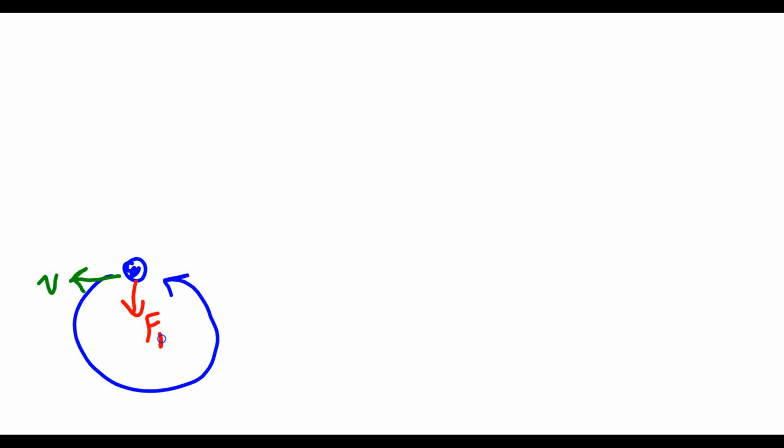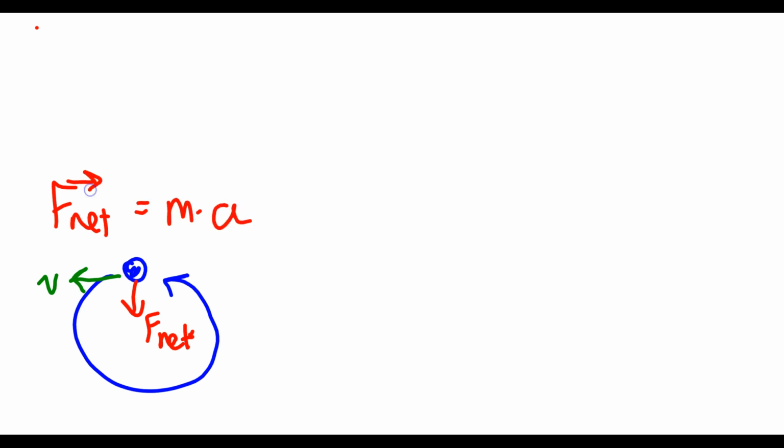We've seen this already. If you have an object moving around a circle, the velocity is always tangent to the circle, and the force is always in toward the center of the circle. Now, we know that Newton's second law says net force is equal to mass times acceleration.